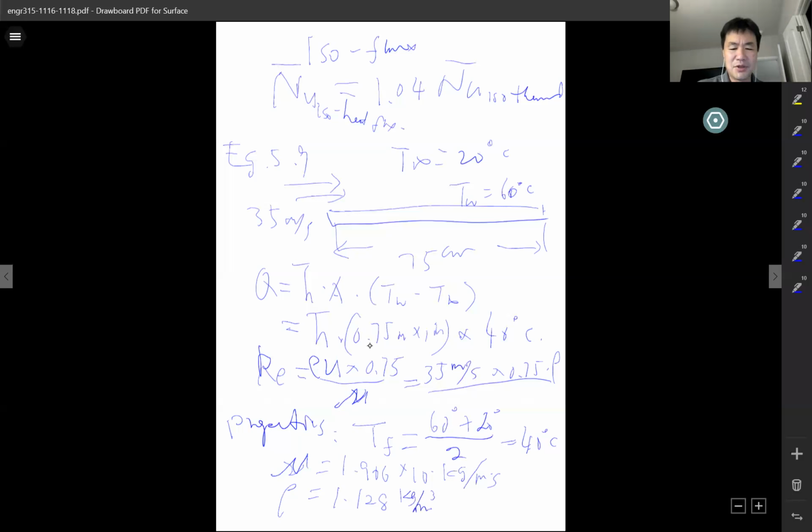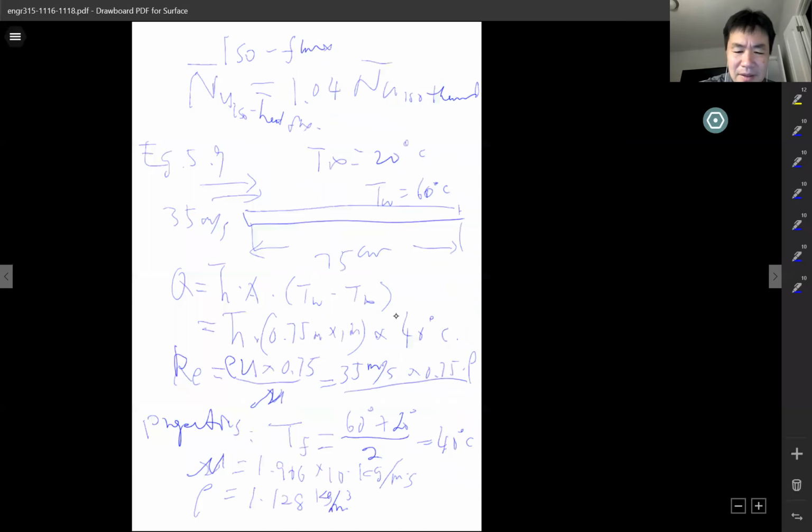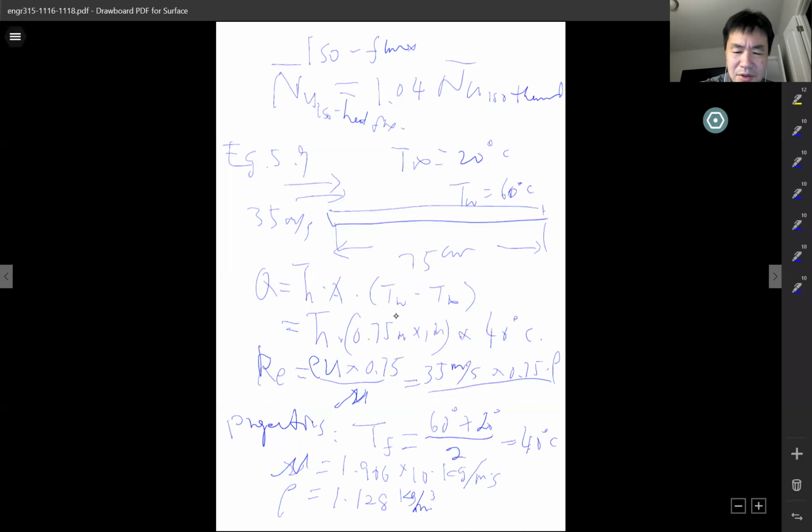Okay, so substitute this density 1.128 and down there 1.906 times 10 to the negative 5. I have to write on the next page.